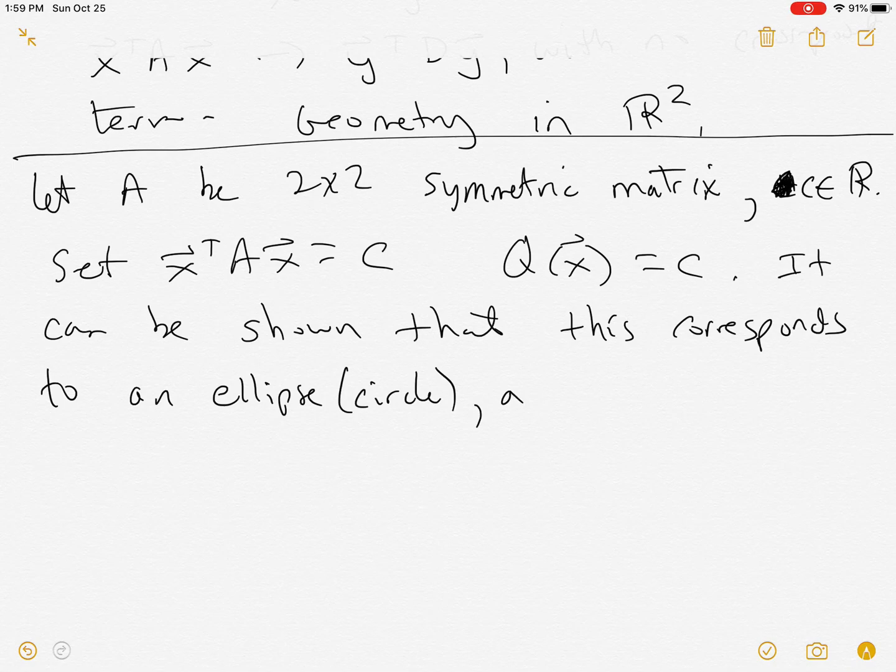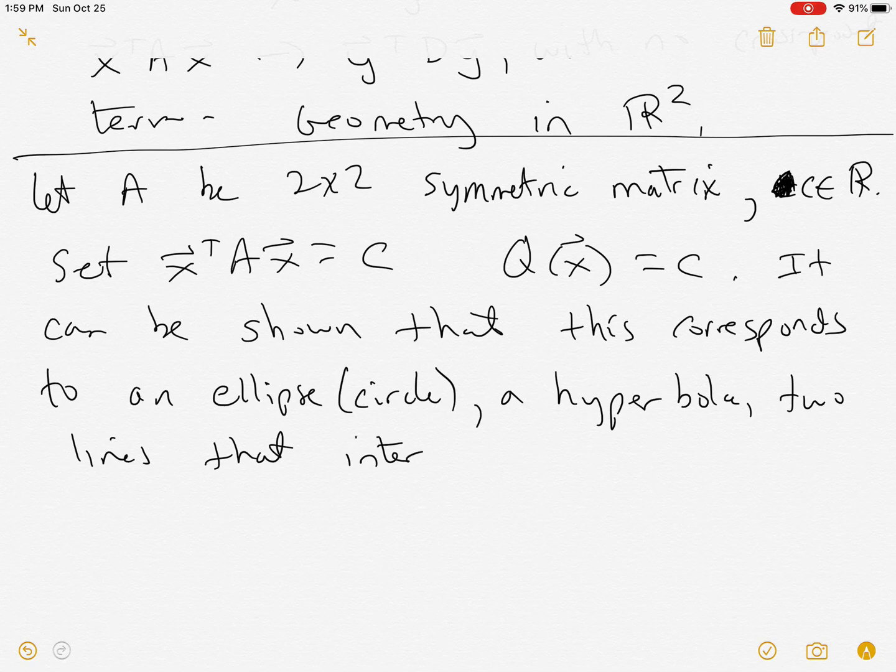A hyperbola. Two lines that intersect. A single point, or no points at all. Okay.